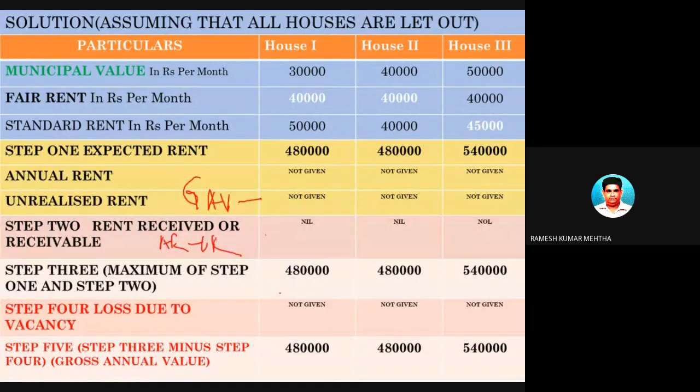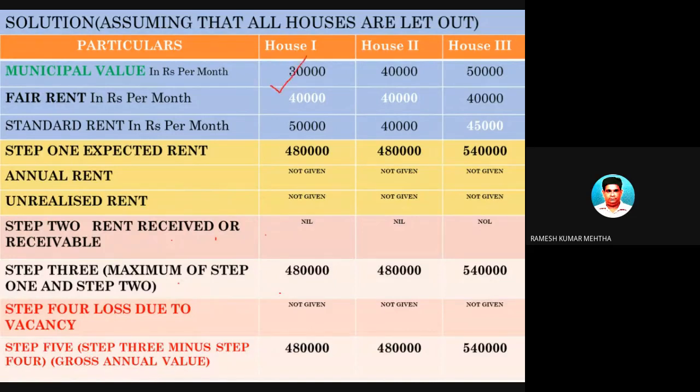Step three is step one versus step two, whichever is highest, and then vacancy loss. You remember all those steps very well. So the same methodology we use to find income from the properties if they are let out, and we are assuming they are deemed to be let out.